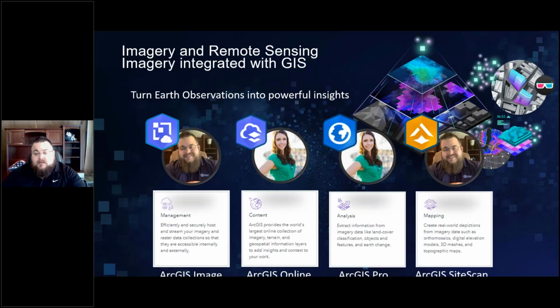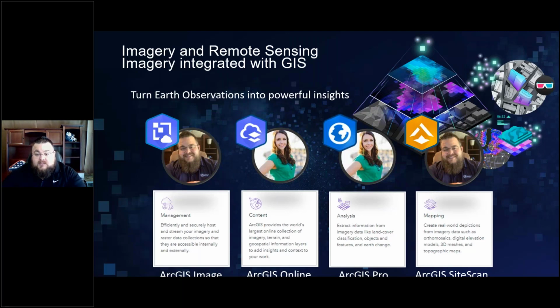Today, Nicole and I are going to cover a little bit from each of the following categories of ArcGIS imagery capabilities and how you can benefit from using them within state and local government. First off, management. How can you effectively secure and stream your imagery, whether it's raster data collections or whatsoever, and have it easily accessible internally and externally? Content. What do I mean by content?